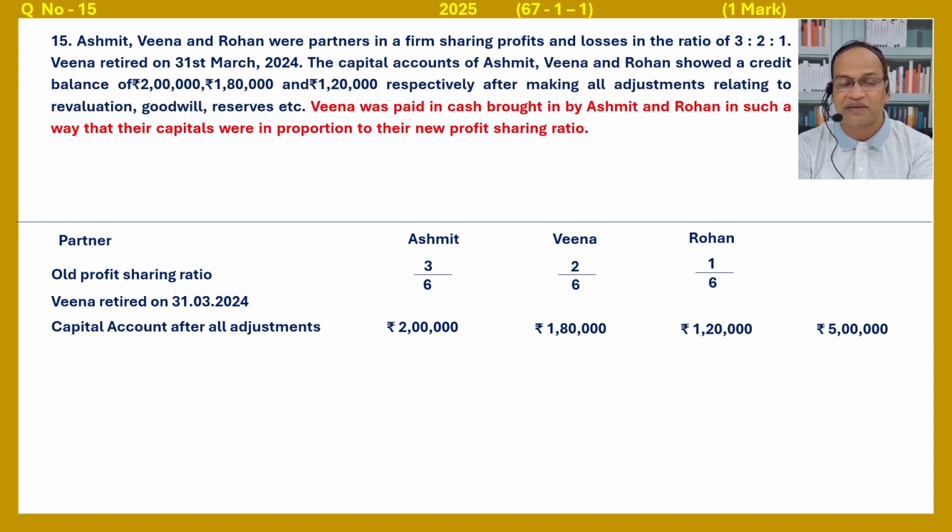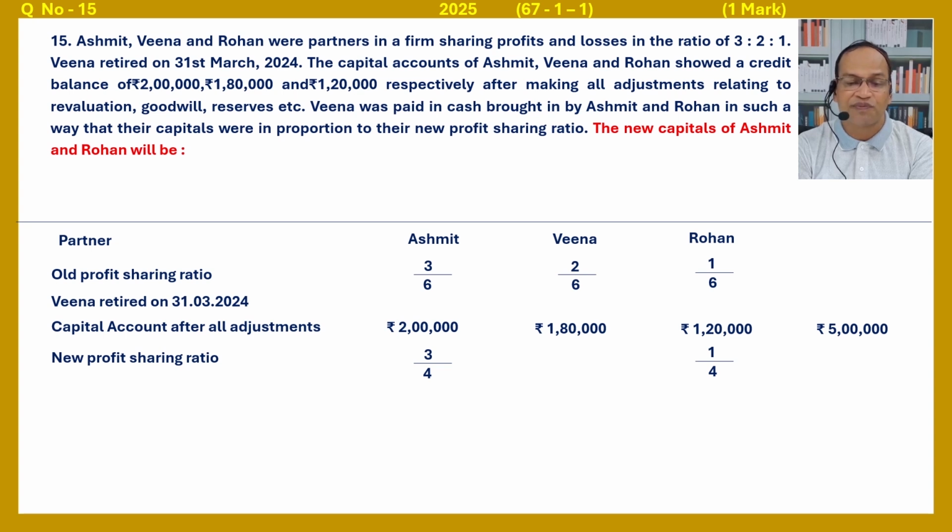Bina was paid in cash brought in by Asmit and Rohan, in such a way that their capitals were in proportion to their new profit sharing ratio. So the new profit sharing ratio equals 3:1. In the absence of information, old ratio equals new ratio. So 3:1, that is 3/4, 1/4.